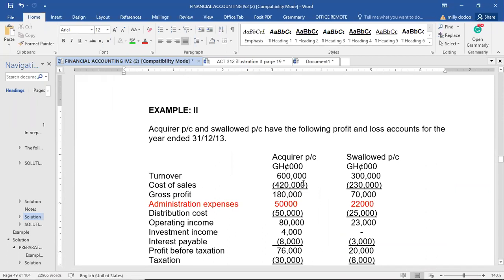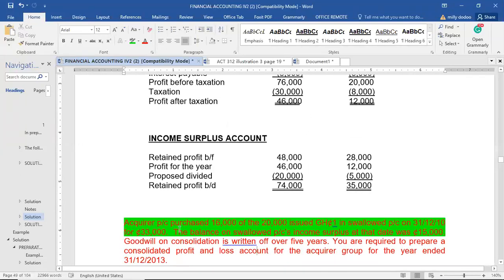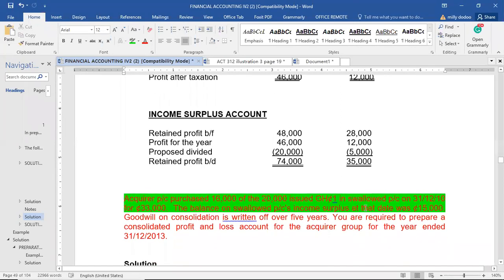Acquirer purchased 16,000 of the 20,000 issued 1 Ghana cedi Swallowed shares in 2010 for 33,000. The balance on Swallowed's income surplus at that date was 15,000. And goodwill on consolidation is written off over 5 years.